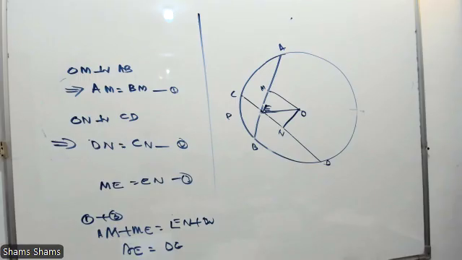OE equals OE, common. Therefore triangle OME is congruent to triangle ONE by RHS congruence. Hence ME equals NE.